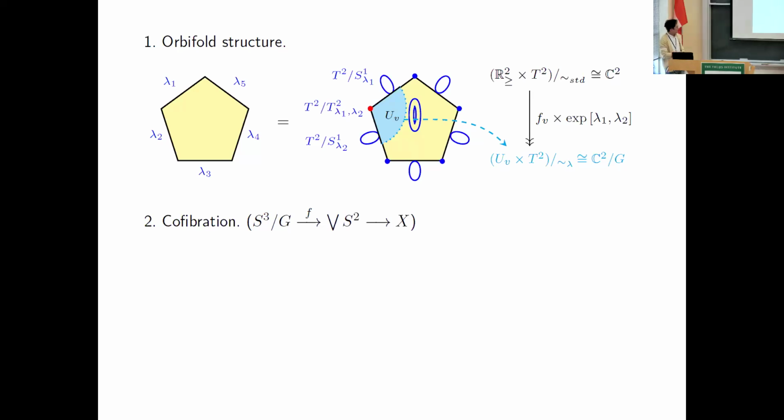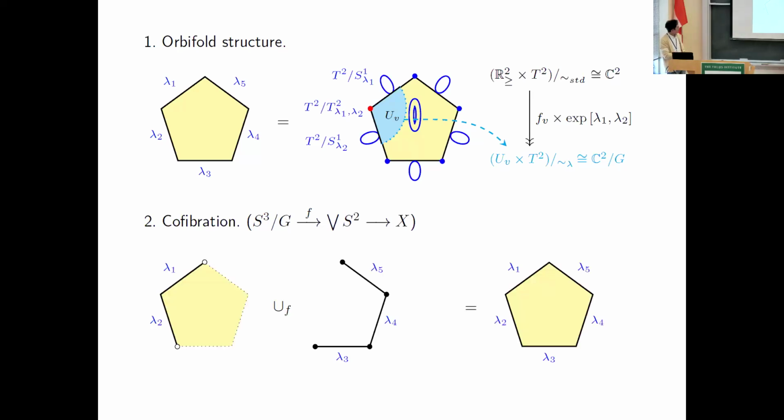So I can think of this picture as decomposing the pentagon into two pieces: I fix one vertex and take the local neighborhood like this, and then the rest of the edges, right? I just decompose into two parts, and my original picture is the union of these two. That gives me a certain cofibration structure, right?